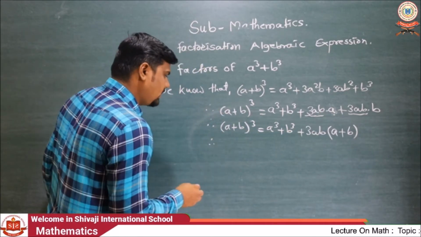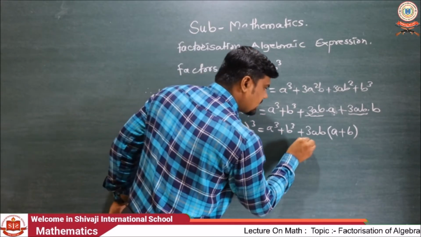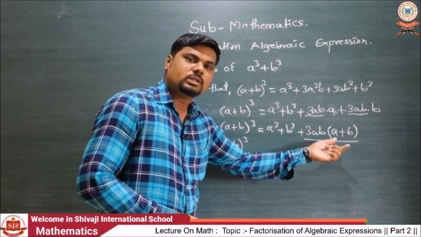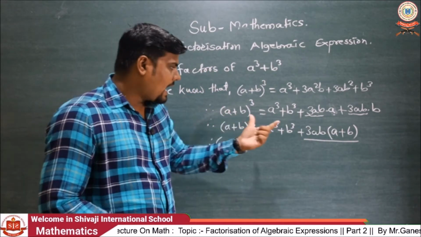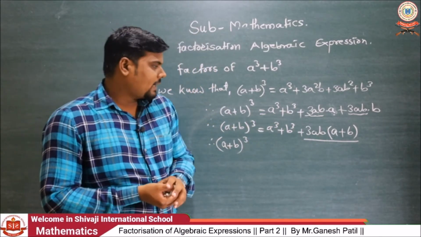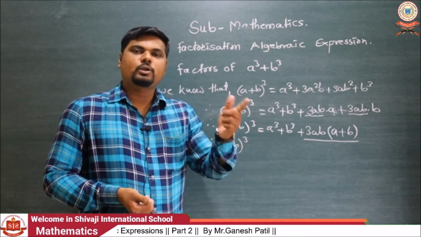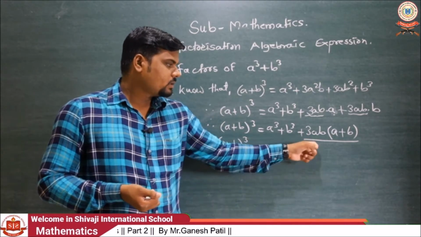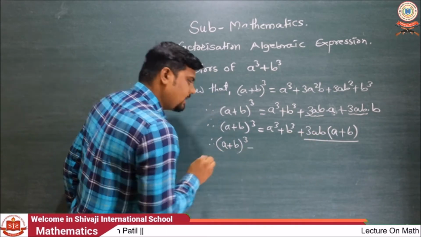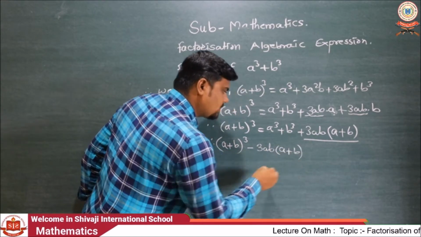Here, we take this whole part to the LHS, and it becomes minus, because by the transposition concept, when we transfer a term from RHS to LHS, it changes its sign. So 3ab having a plus sign becomes minus 3ab, and (a plus b) is written as it is.